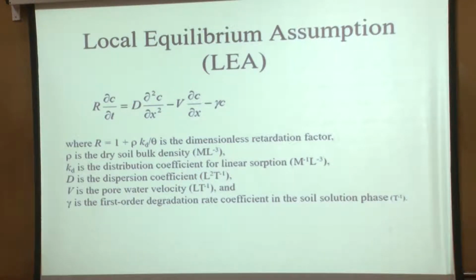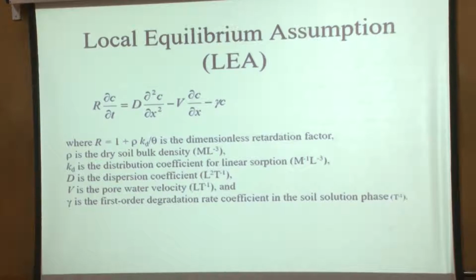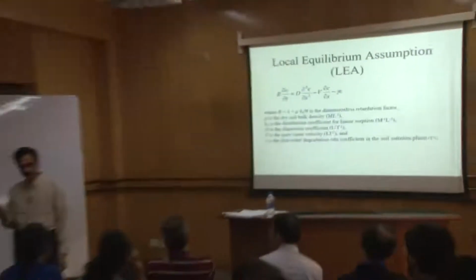What does very fast mean? Essentially, as the solute is moving along the soil particle, it's moving slowly enough so that this reaction can be completed. On the other hand, if the velocities are very high, then it will move far too fast. It will pass that solid phase, pass those pores and so on, before the reaction is completely done.